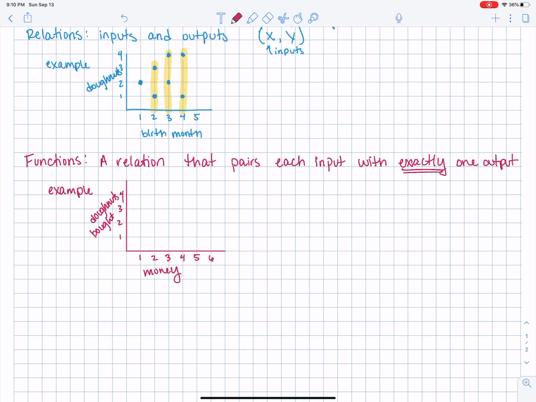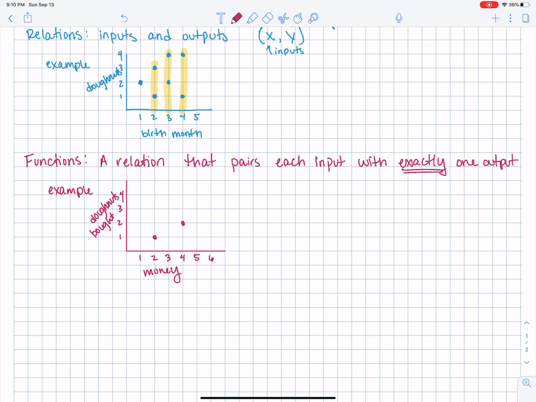Okay. So let's just say that it's an expensive place. It's Johnny Donuts. So it's like $2 a donut, meaning that if I spend $2, I'm going to get 1 donut. And every time I spend $2, I'd get 1 donut. I would never get a different amount of donuts there. And if I spend $4, I get 2 donuts.